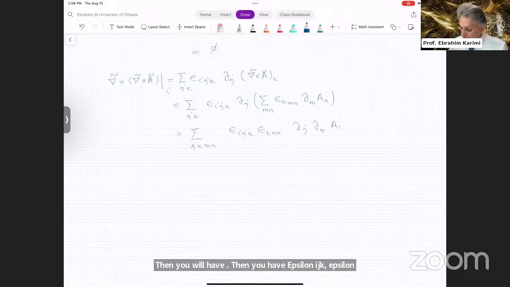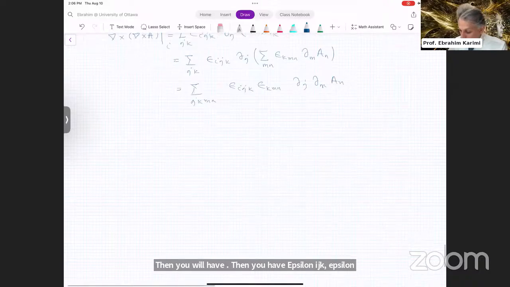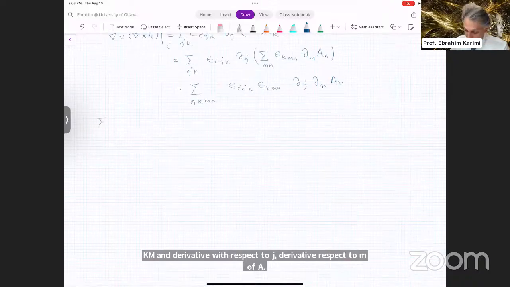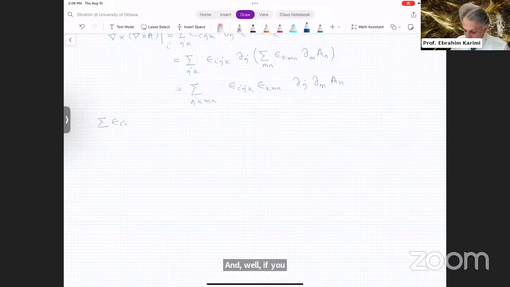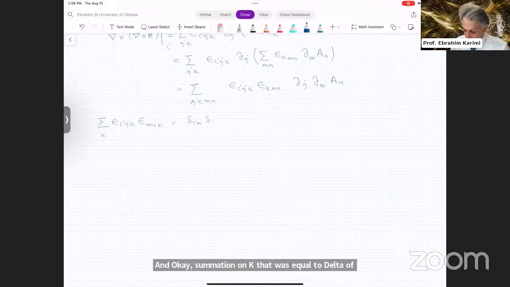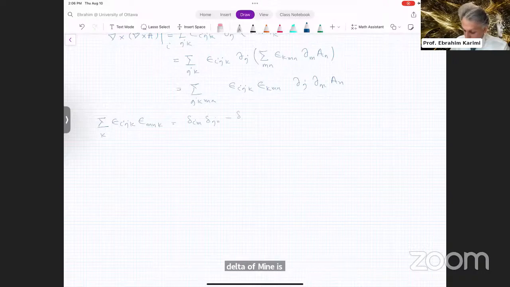derivative with respect to m of a n. And well, if you remember, we had the summation of epsilon i j k, epsilon m n k, summation on k, that was equal to delta of i m, delta of j n, minus delta of i n, delta of j m.